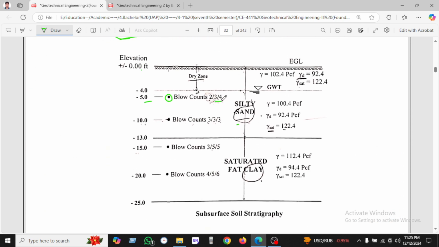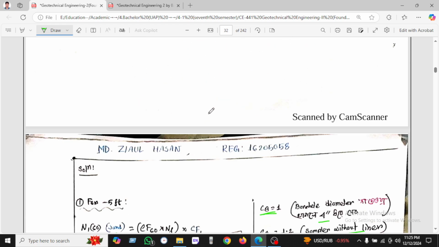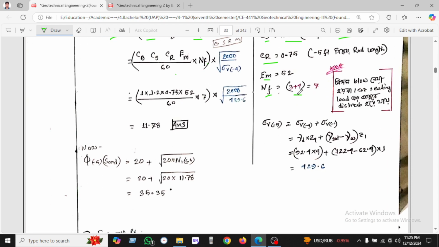This is 3 and 4, and the first portion, 2, we are eliminating for calculation purposes, as the soil will be disturbed. That's why the 2 will be eliminated. Okay, so it is 7, and the overburden pressure after the depth of 5. So you can see gamma into Z, and first gamma is 92.4.